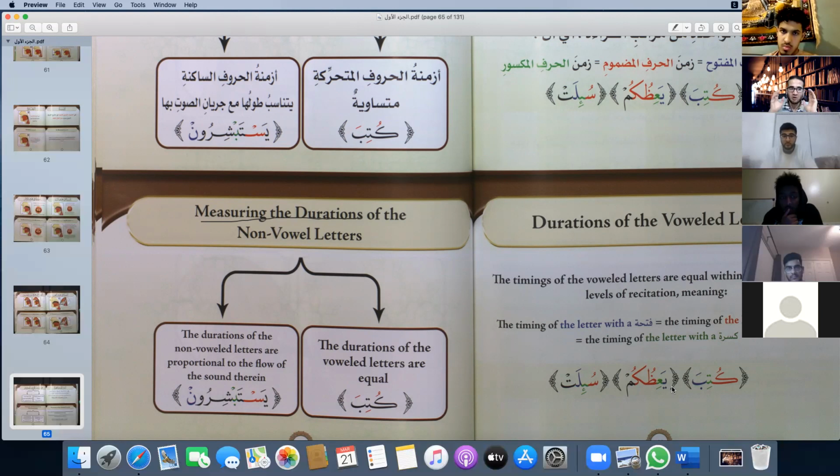But their duration is the same. That is the point that I'm trying to make. So ya'idhukum, they are the same. I don't say ya for longer because it's rakhawa, or because it's shidda. No, they are the same.